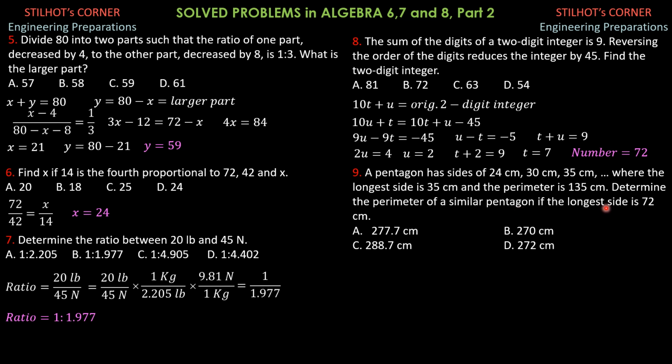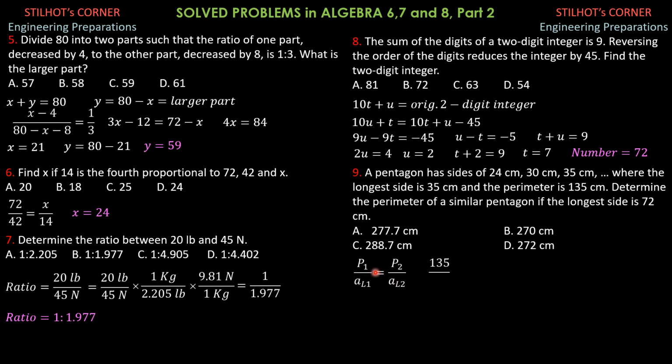So if the perimeter of one is 135 and the longest side is 35, then we equate it to perimeter 2 as to the longest side of the other similar polygon, which is 72. So the equation would be 135, perimeter 1, over longest side of 1, equals perimeter 2 over longest side of 2.